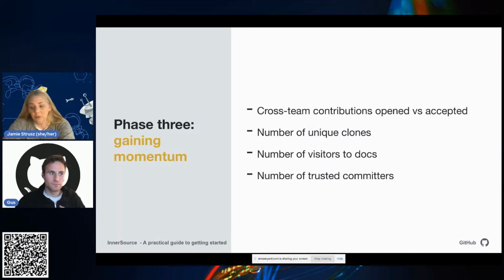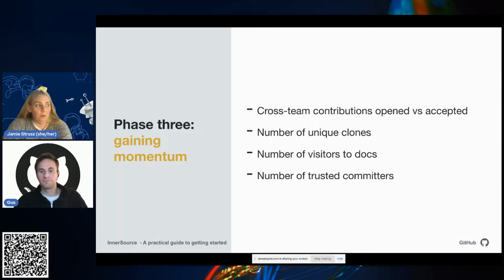That one's a little bit trickier. You have to figure out a way to look at individual IPs and clicks and who stays for how long on what page, et cetera. And then also just the number of trusted committers. Is that increasing over time? If it is, great. If it's not, maybe we need to figure out why. So it also is kind of a diagnostic tool.